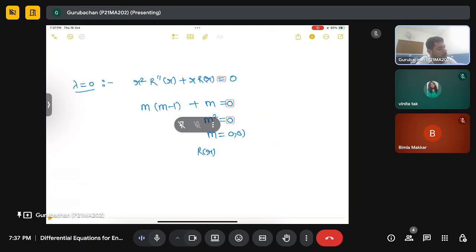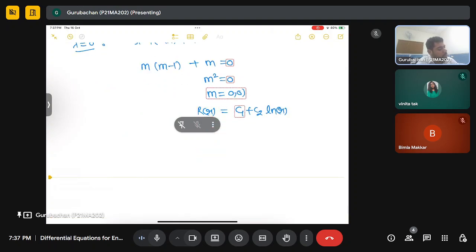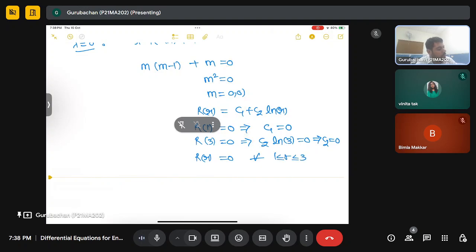So R of r will be c1 plus c2 ln of r. Next is R of 1 is 0. So this will imply c1 is 0 since ln 1 is 0. R of 3 is 0. So this will imply c2 into ln 3 is 0, which will imply c2 is 0. So that means R of r is 0 for all r lies between 1 to 3.